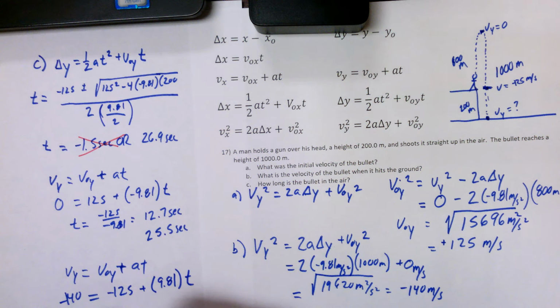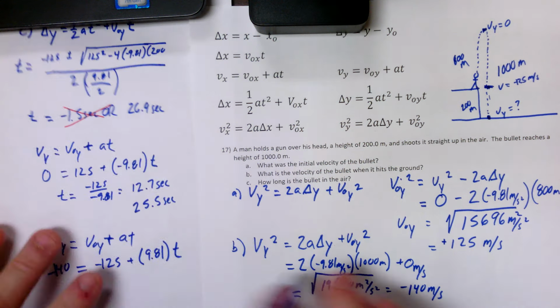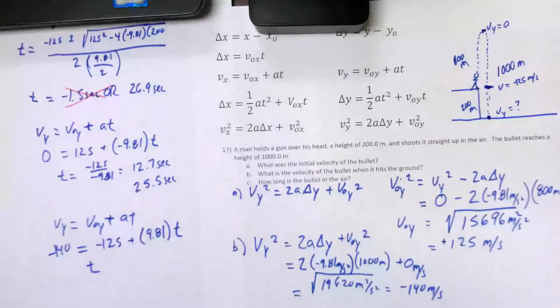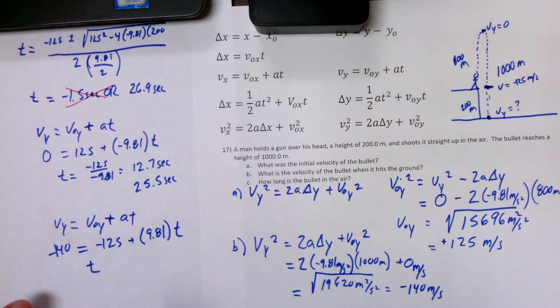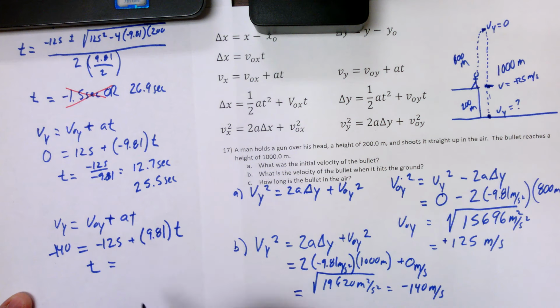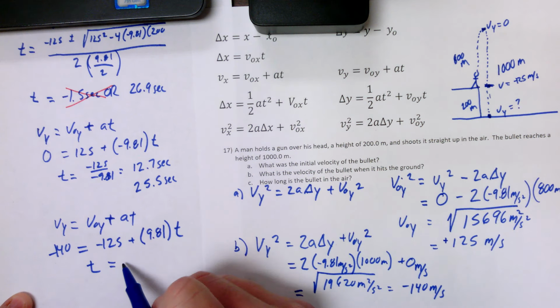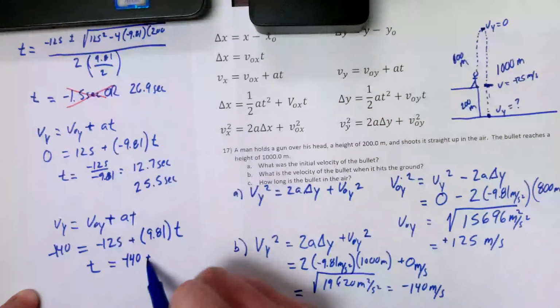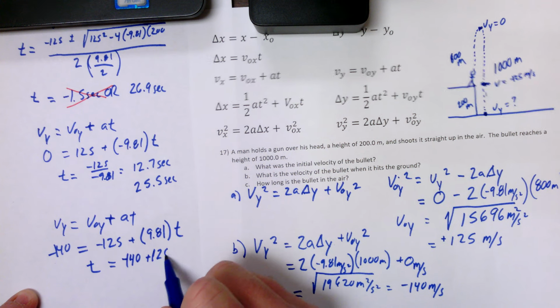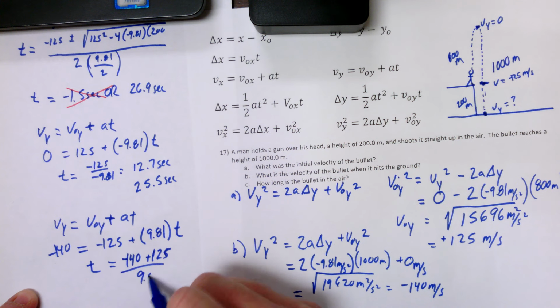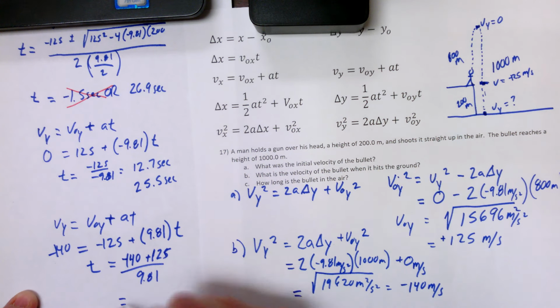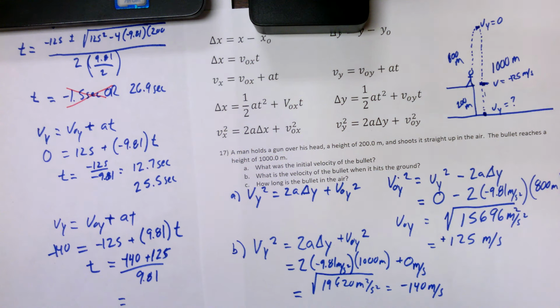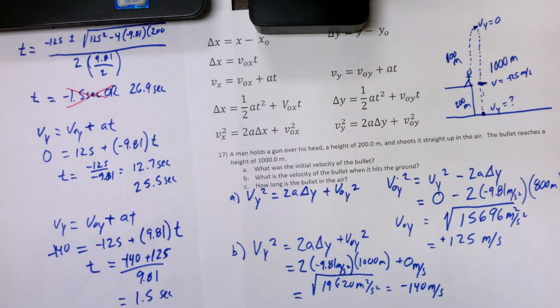So time, when you solve for time, it becomes negative 140 plus 125 divided by 9.81, or time equals about 1.5 seconds from here to here.